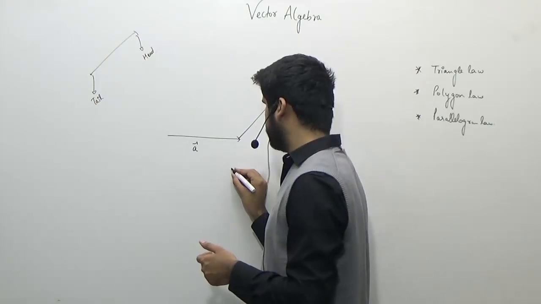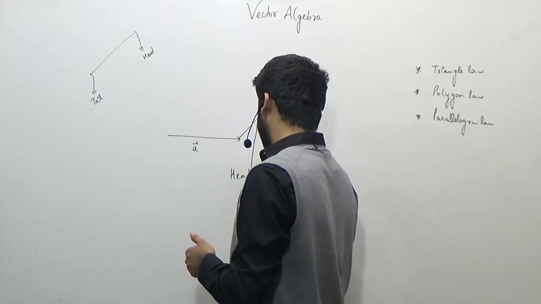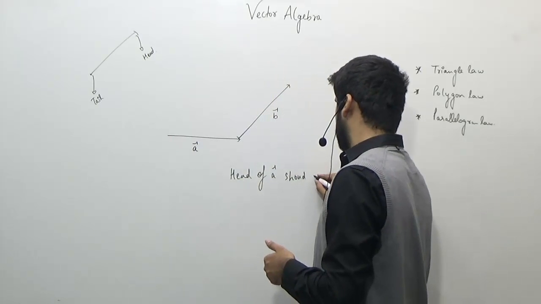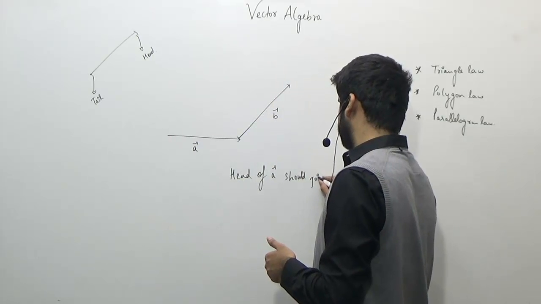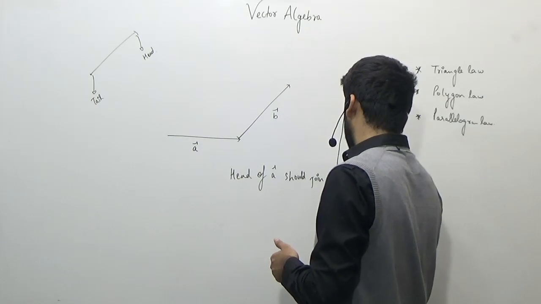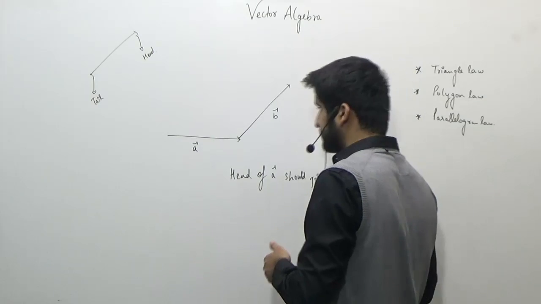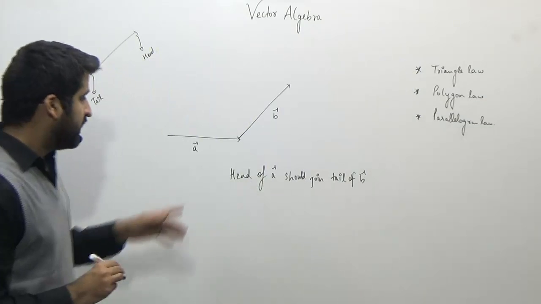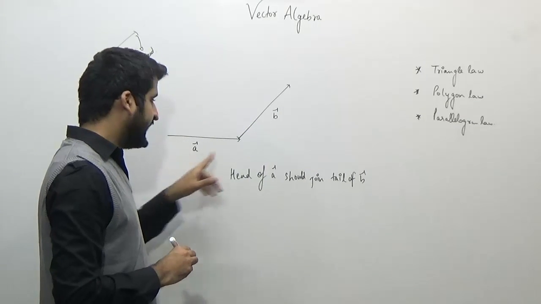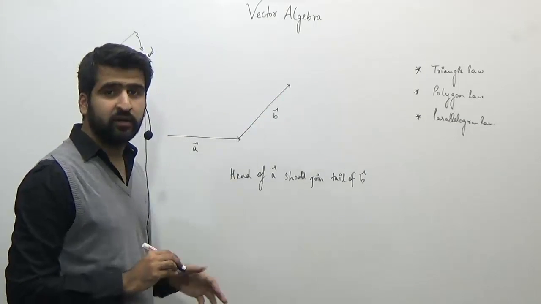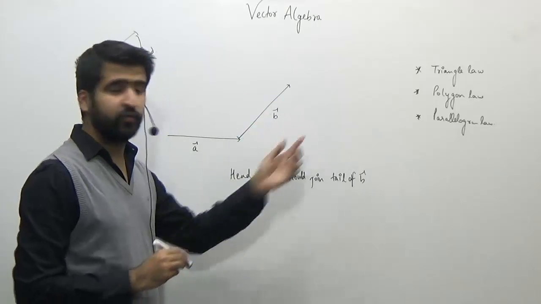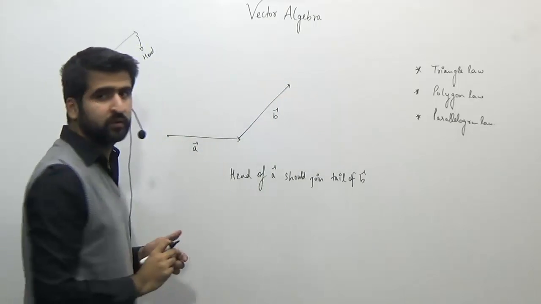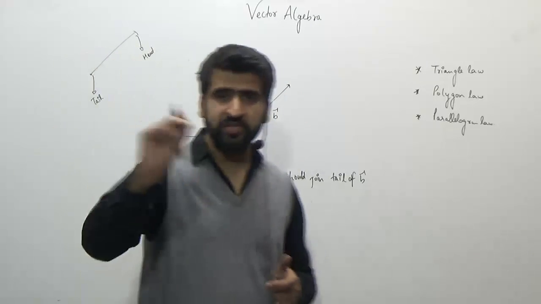Now the head of A vector should join the tail of B vector. This is the basic condition of addition of vectors by triangle law. If we join the head of A vector with the tail of B vector, then the addition of these two vectors will be a vector from here to here, because the vector gives us the shortest path.